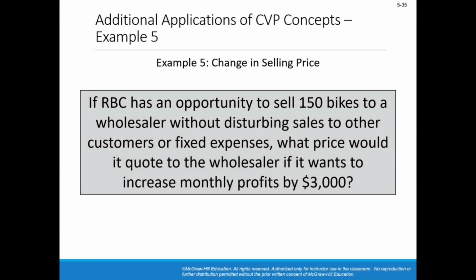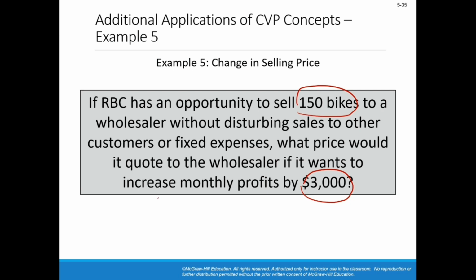Example 5 asks if RBC has the opportunity to sell 150 bikes to a wholesaler without disturbing sales to other customers or fixed expenses. What price would it quote to the wholesaler if it wants to increase monthly profits by $3,000?